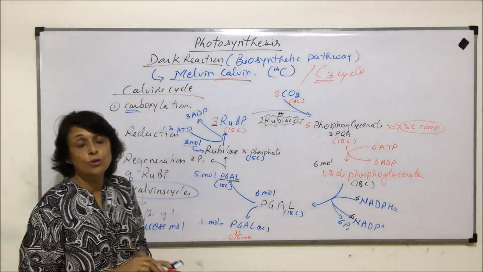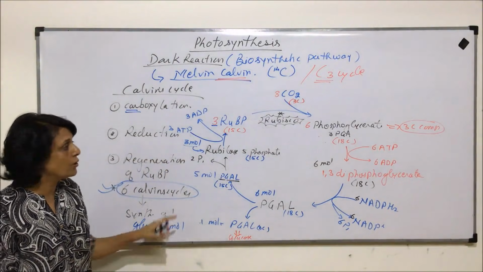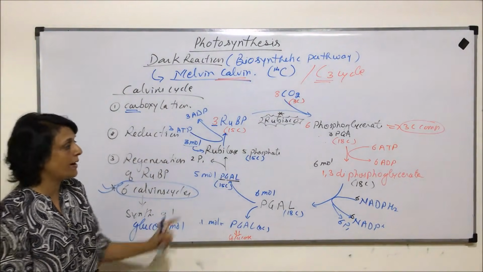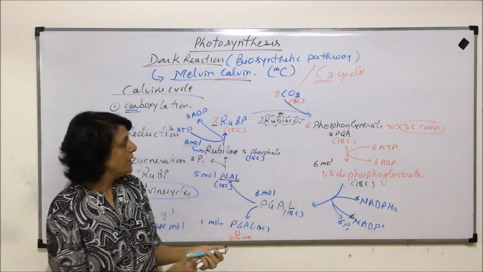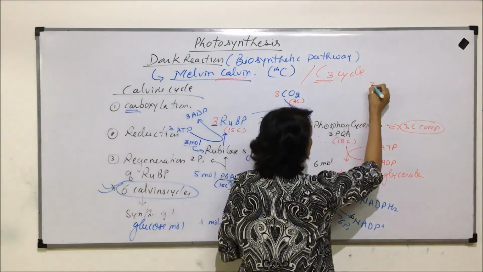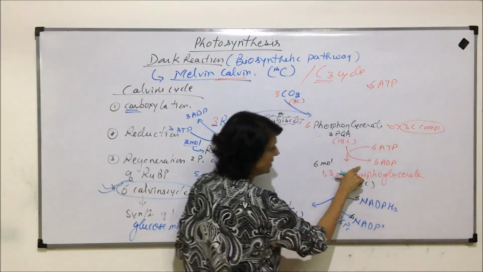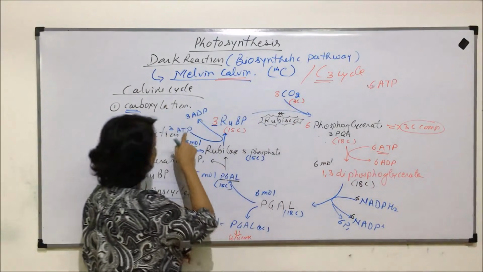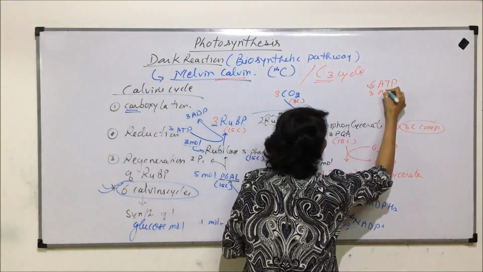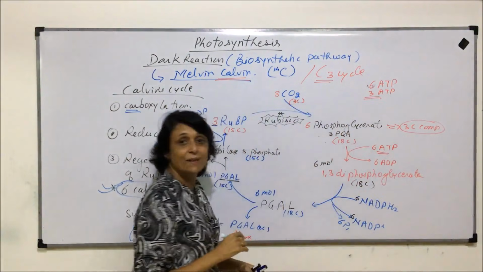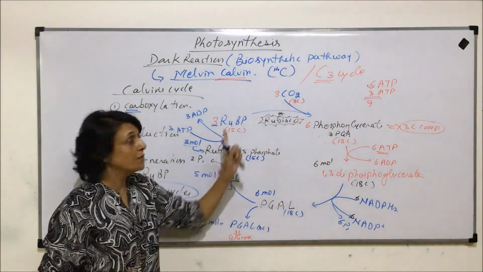Now let us count what is required for synthesis of 1 glucose molecule. How many ATPs are required? We are starting with 3, so we will count it 2 times. In this case, 6 ATPs are required here, and 3 ATPs are needed here. That means we need 9 when we are starting with 3 carbons.